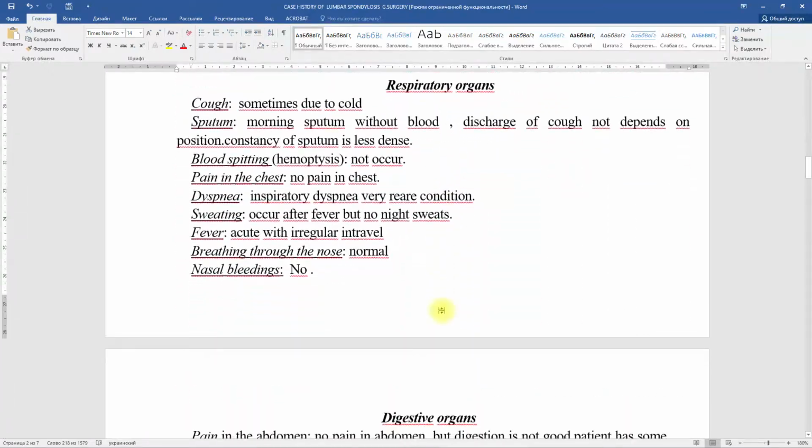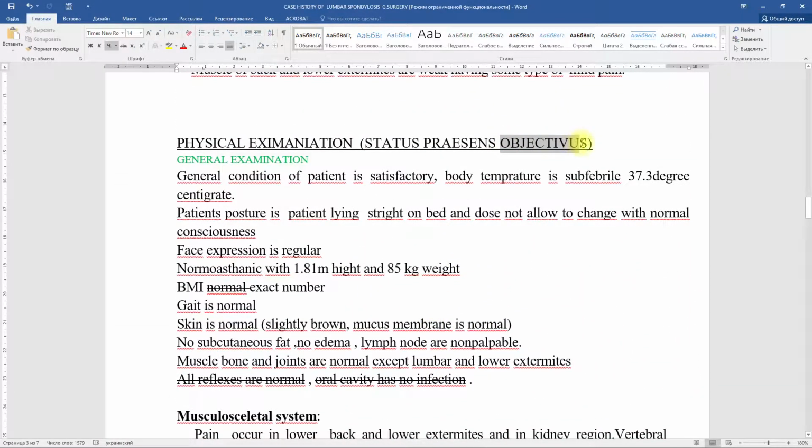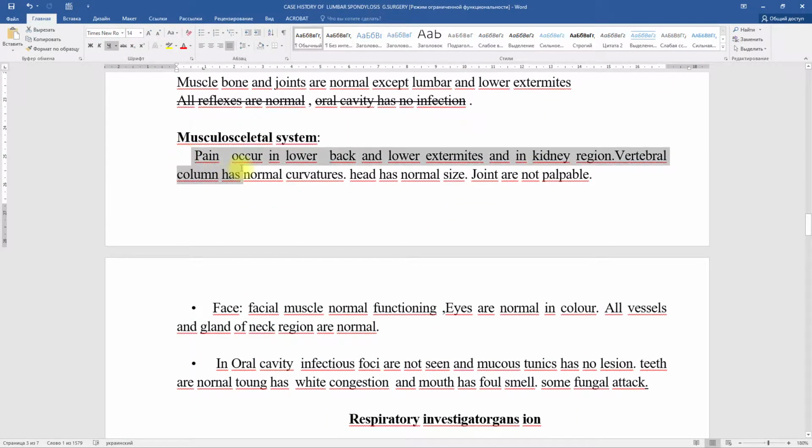Next, it's objective investigation. It means you don't talk about complaints anymore. So the description of pain in the musculoskeletal system section is wrong. You don't talk about that in this section.